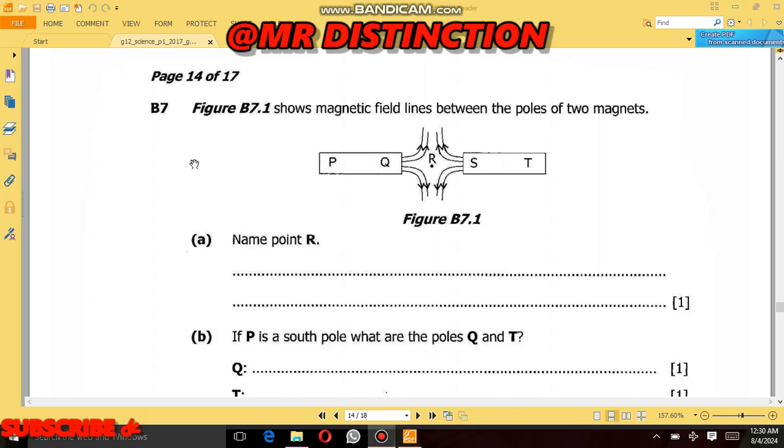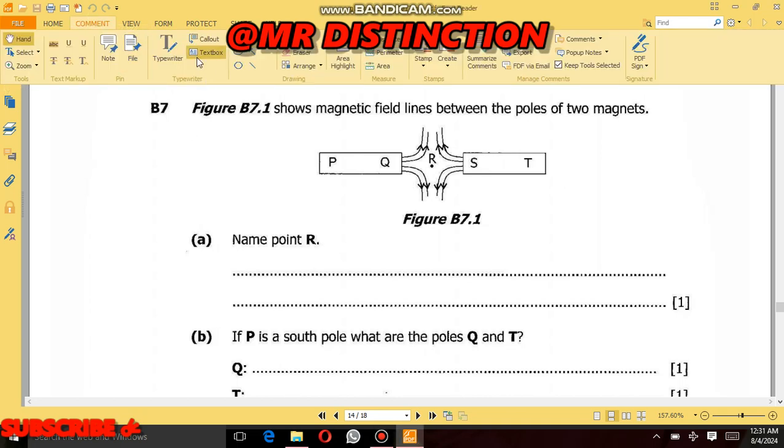Let's go to the first question. Question B7A: name point R. So we have been told to name this point. Here what you need to know is that whenever you see a point which is in between magnetic fields which have repelled, just know that that point is called a neutral point.